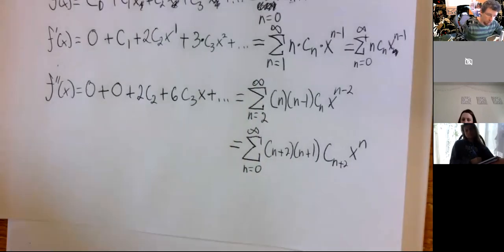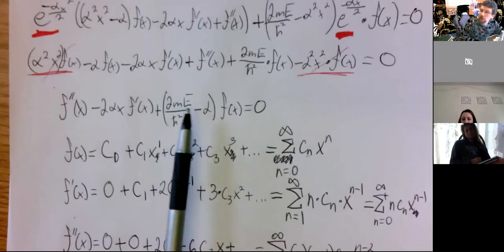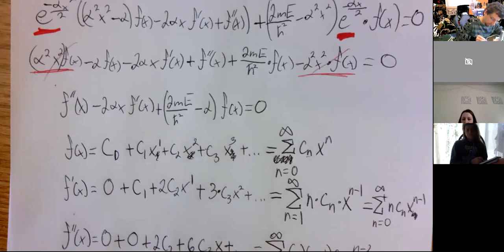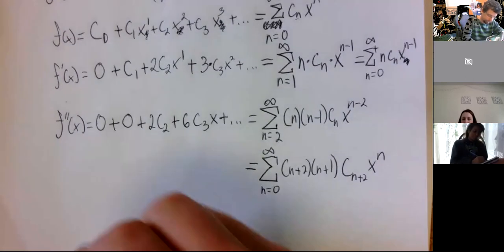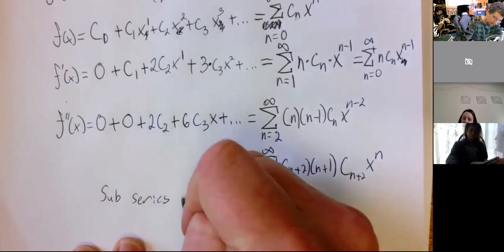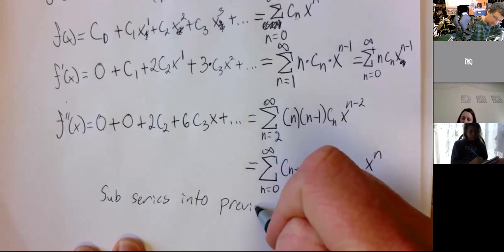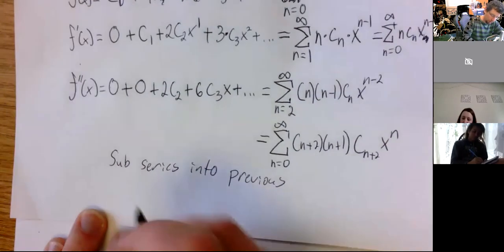Cool. So now we want to take this and sub that back into the equation we found up here. Let's do this. So, sub the series into the previous Schrodinger equation.